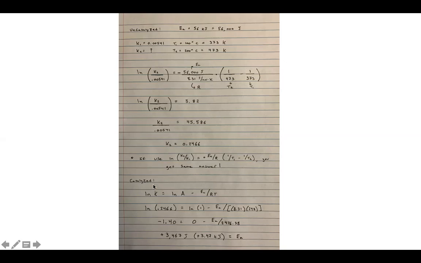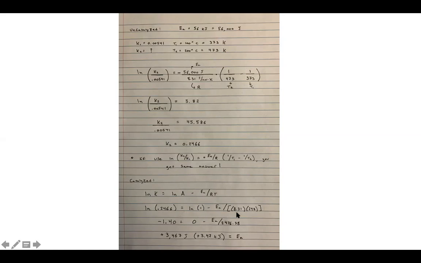So now I'm going to turn my attention to the catalyzed reaction. And for this, I'm going to use the equation ln K equals ln A minus activation energy over RT. Again, the rate constant K that I'm going to use here is the K2 rate constant that I solved for, so 0.2466. I'm going to assume my frequency factor A is 1.